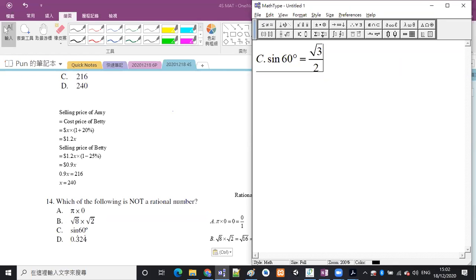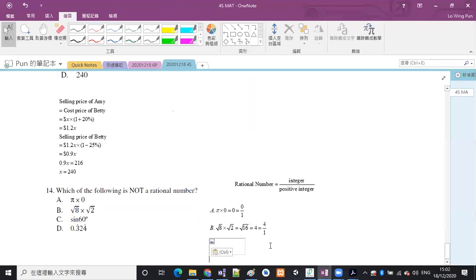Now the square root 3 cannot be further simplified, so it is not a rational number. It is an irrational number. So the answer is option C.